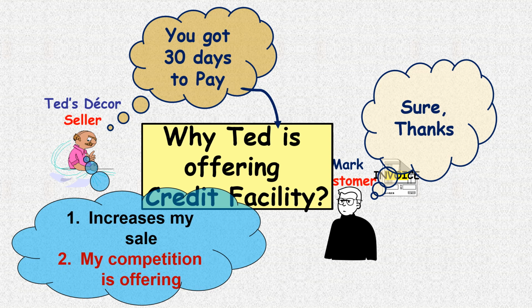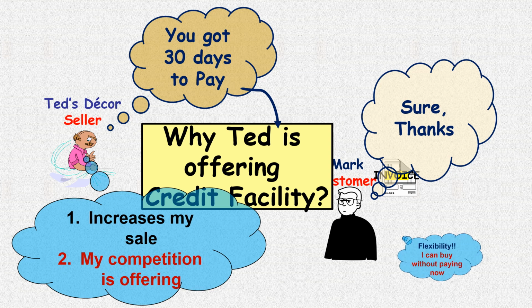So if it's a cash only policy, those customers will not purchase. However, if the business is offering credit facilities, those customers will purchase and thus the sales will increase. And a business will be forced to offer credit facilities, particularly when the competition is offering it.